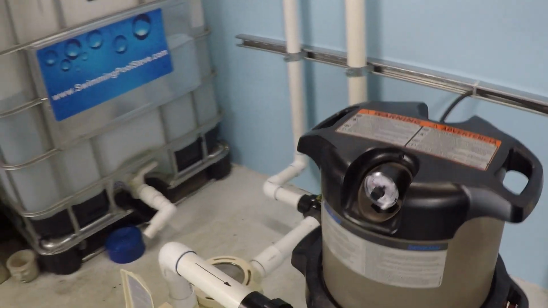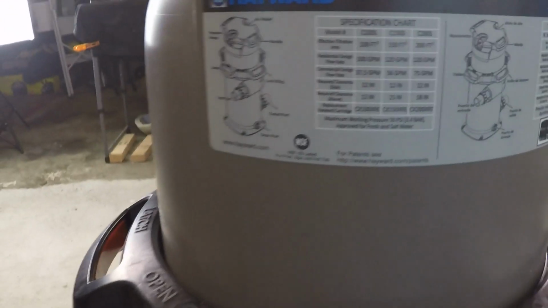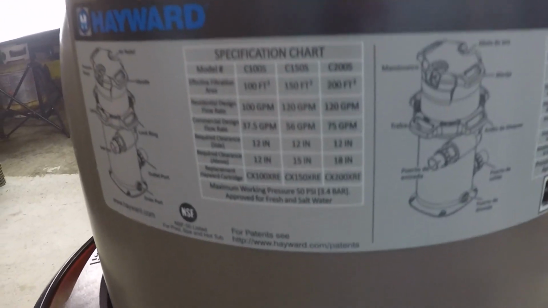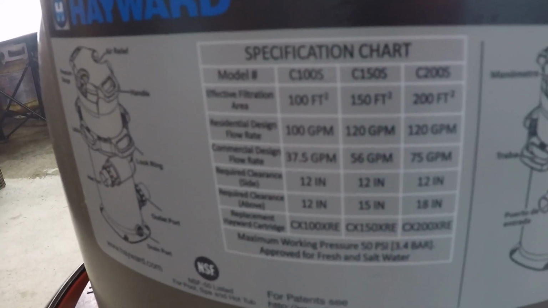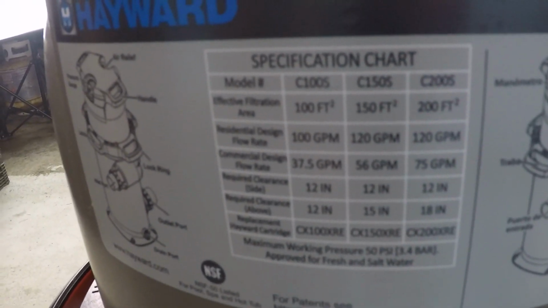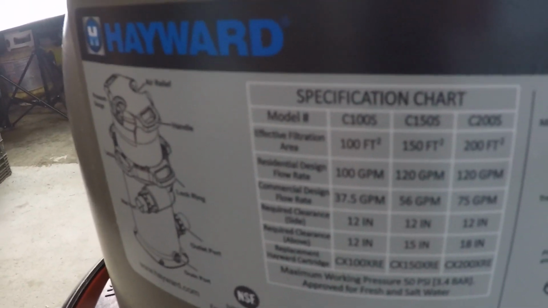Now on this system here, take a look at this filter. This one's around back. It's always around back. Try to get in close there. This filter is 150 square feet, the C150S.